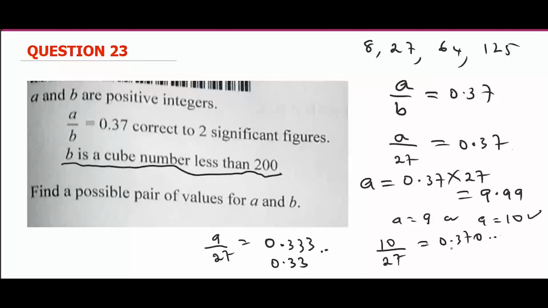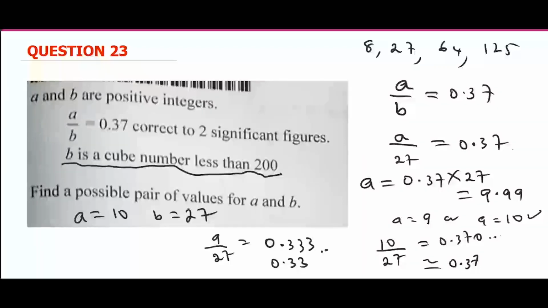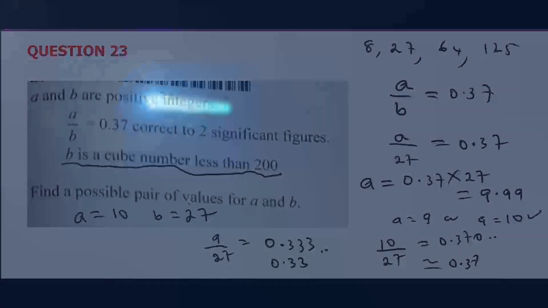Okay, so now if you round this to 2 significant figures, it will give us 0.37. Okay, so that means a possible pair of values for A and B is when A is equal to 10 and B is equal to 27. So this will be the end of the solution to paper 2 of lower secondary checkpoint written in April 2020.